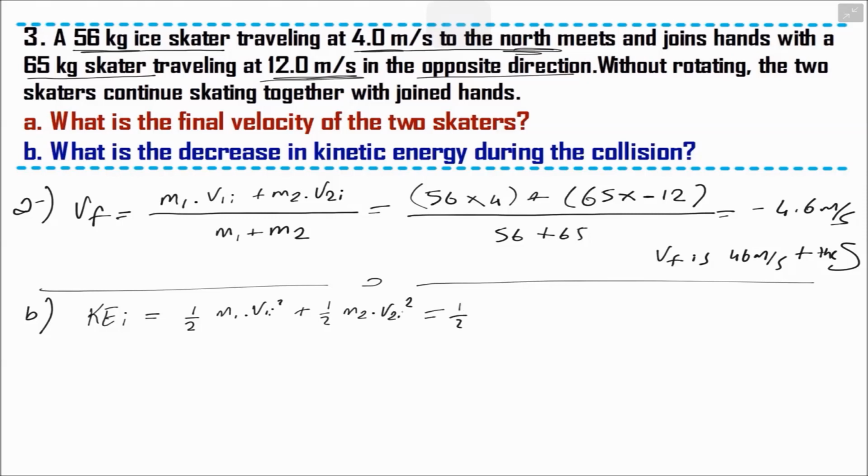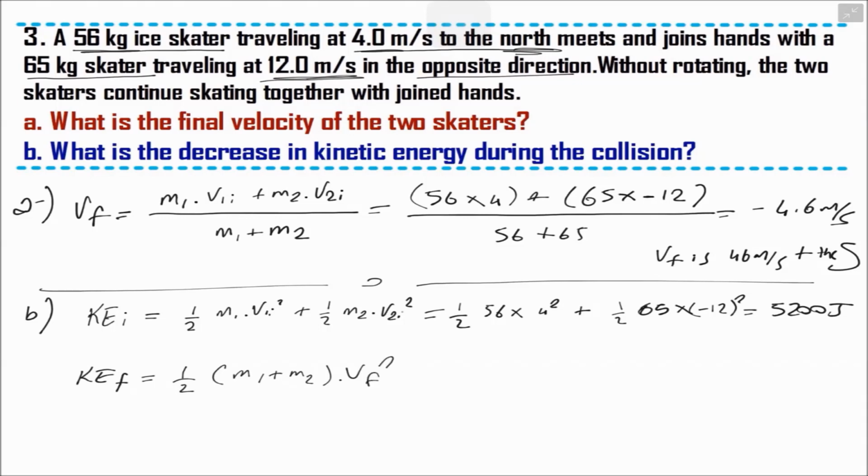Half m1 is 56 times v1, 4, squared, plus again half m2 is 65 times v2, negative 12, squared. So the result will be 5200 joules.